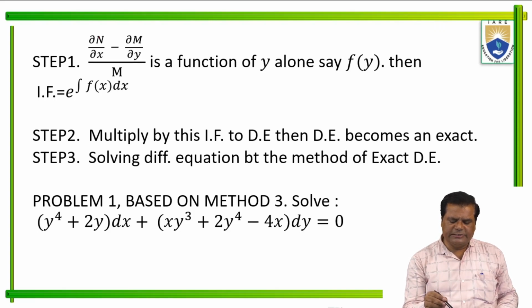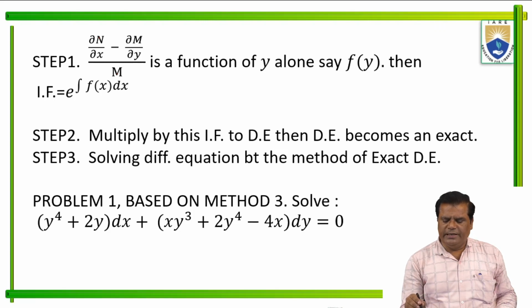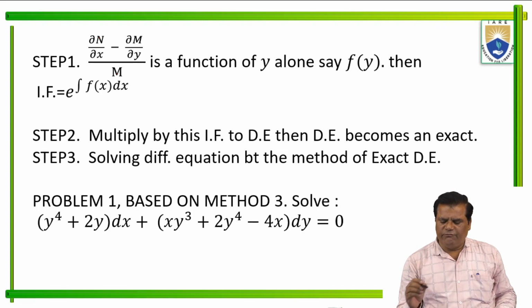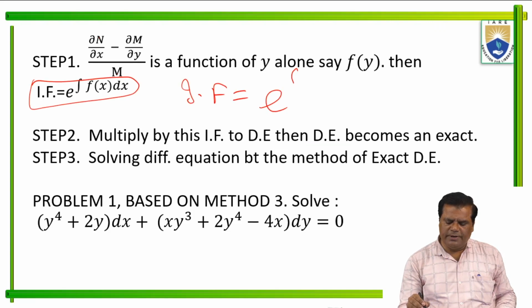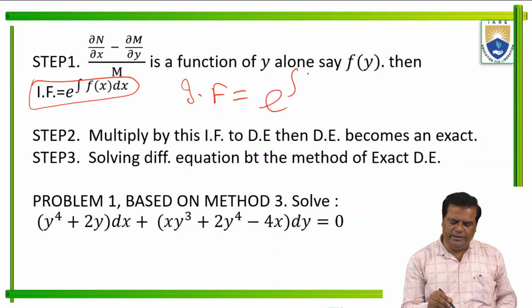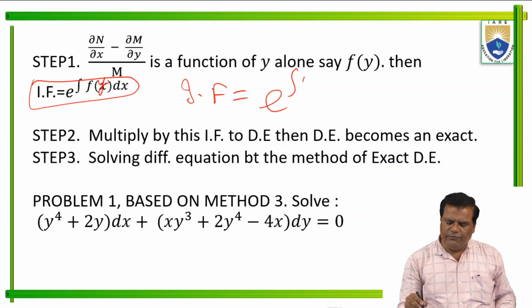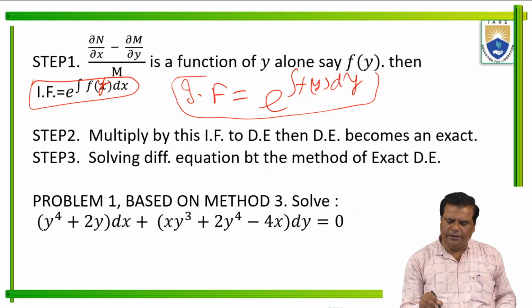Del N over del x minus del M over del y, upon M, is a function of y alone, say f(y). Then the integrating factor is e to the power integral of f(y) dy, a function of y only.